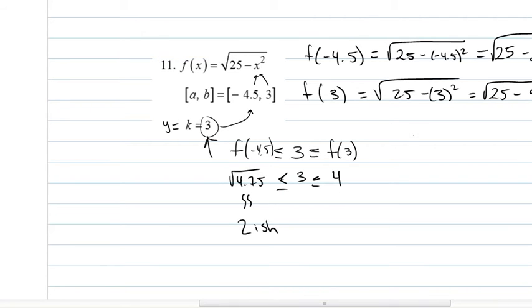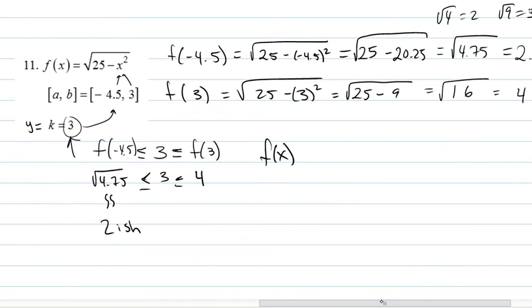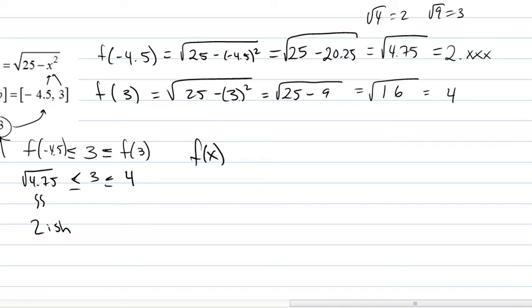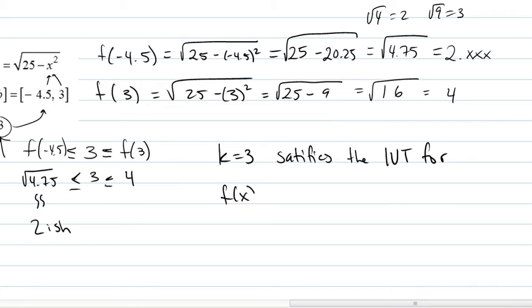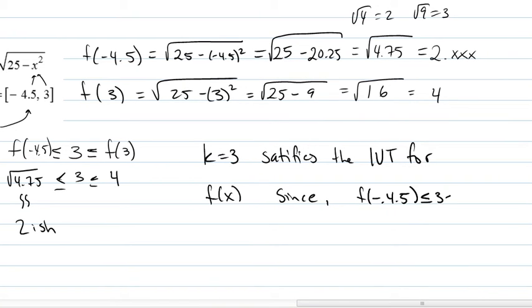Let me rewrite this. So k equals 3 satisfies the IVT for f of x, since f of negative 4.5 is less than or equal to 3, which is less than or equal to f of 3.